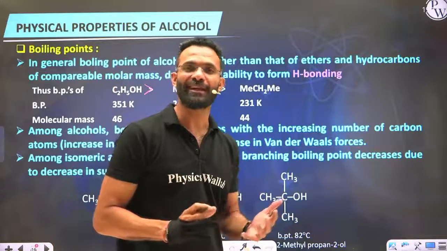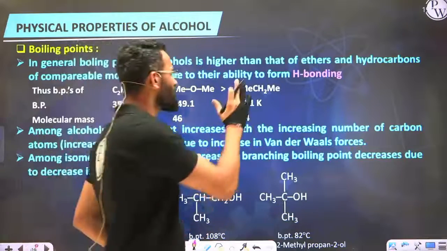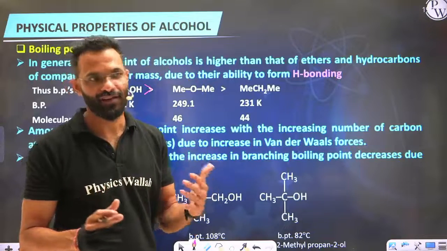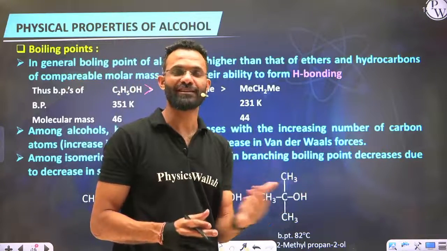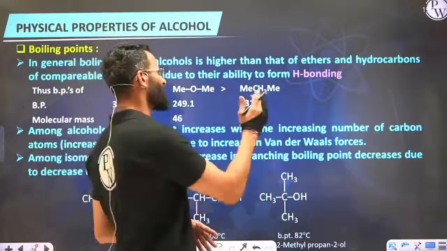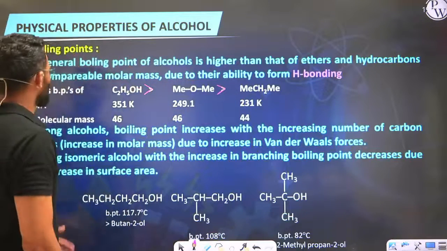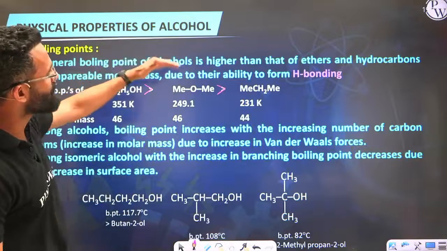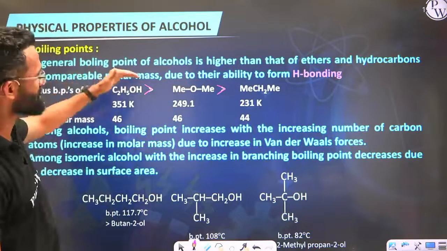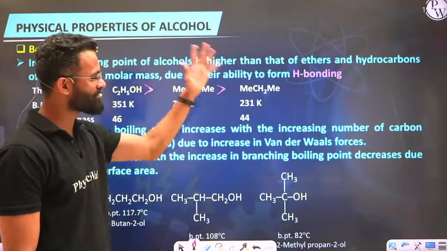If there is no polarity in a molecule, there is no scope of dipole-dipole interaction, which means molecules of propane can only be associated with each other via van der Waals force of attraction, which is a weaker force as compared to hydrogen bond. Hence, intermolecular association among the alkane molecules is lesser, hence it has the least boiling point. So, in general, the boiling point of alcohol is higher than that of ethers and hydrocarbons of comparable molar masses due to the ability of alcohol to form intermolecular hydrogen bonds. That was the first thing.